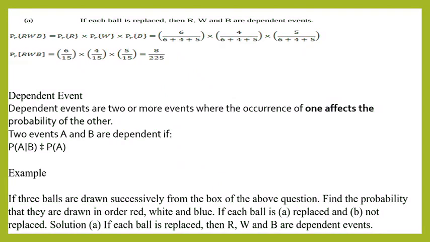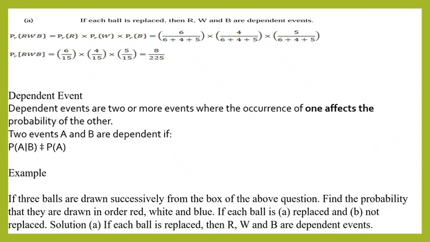The probability of red, white and blue will be the probability of red times the probability of white times the probability of blue, which is equal to 6 over 6 plus 4 plus 5, the probability of red, times 4 over 6 plus 4 plus 5, the probability of white, times 5 over 6 plus 4 plus 5, the probability of blue. Then the probability of red with replacement will be 6/15.